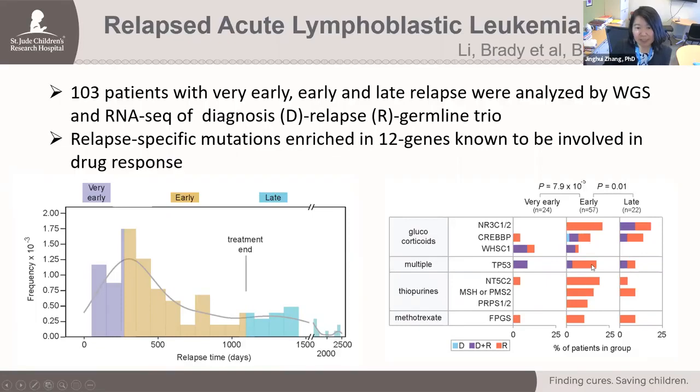When we look at which patient groups these resistance mutations occur in, we see that early relapse patients, meaning relapses during the treatment, have a much enriched mutational burden in these 12 genes compared with very early relapse, suggesting that acquisition of these mutations may be related to therapy.